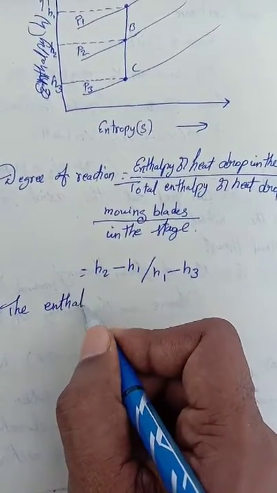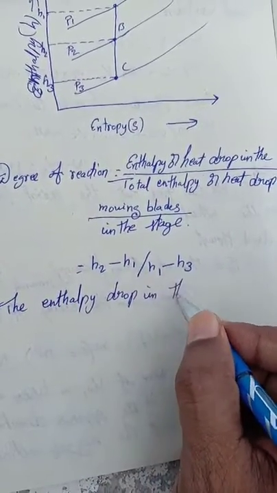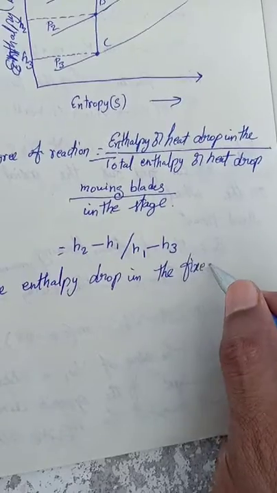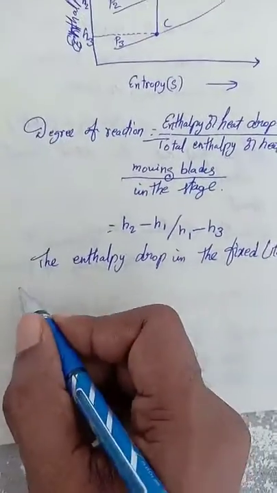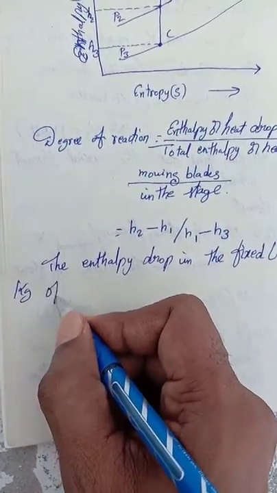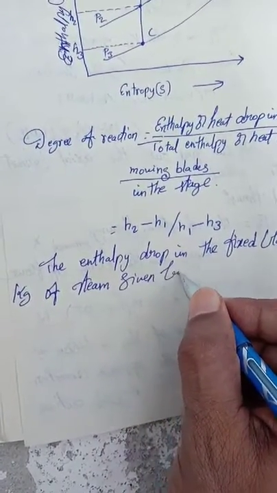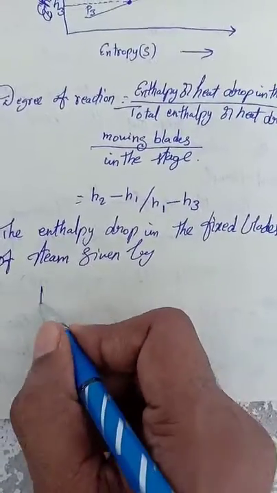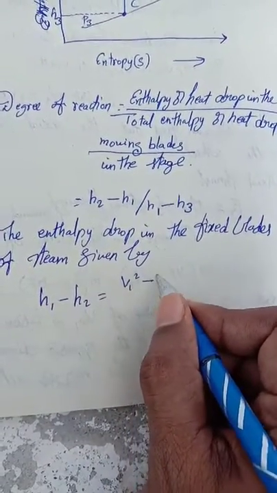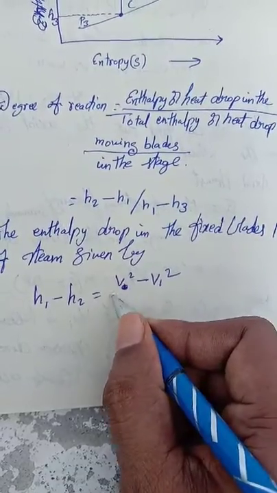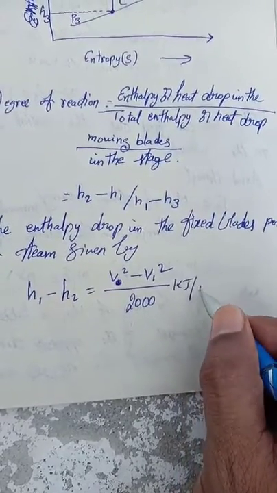The enthalpy drop in the fixed blades per kg of steam is given by H1 − H2 = (V² − V1²)/2000. That's the kilojoules per kg.